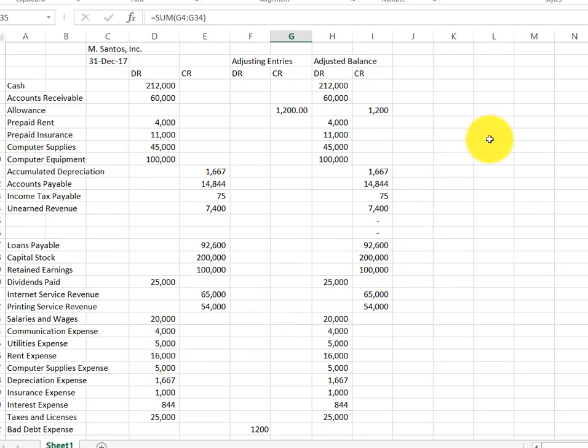So let's say that we go to the file and we find out that we paid $12,000 for 12 months of rent in advance. And we did that on, let's say, August 1st.